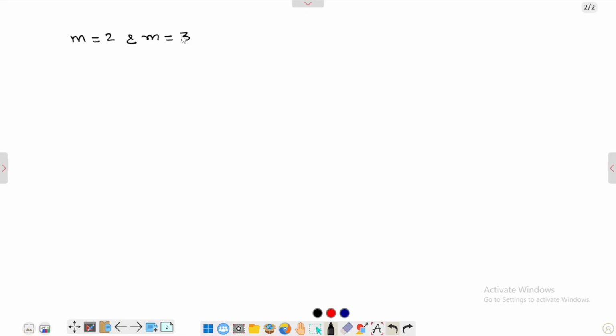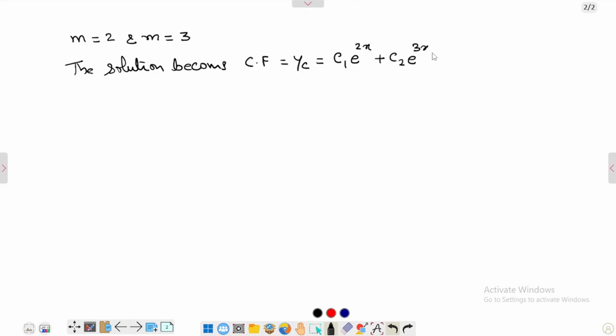As both the values are real and not equal, I can write down the solution directly. The complementary function solution, y CF, gives me c1 e to the power of 2x plus c2 e to the power of 3x. So that gives me the complementary function solution.